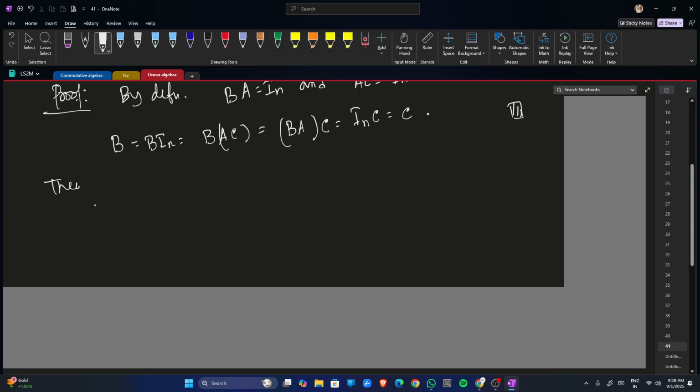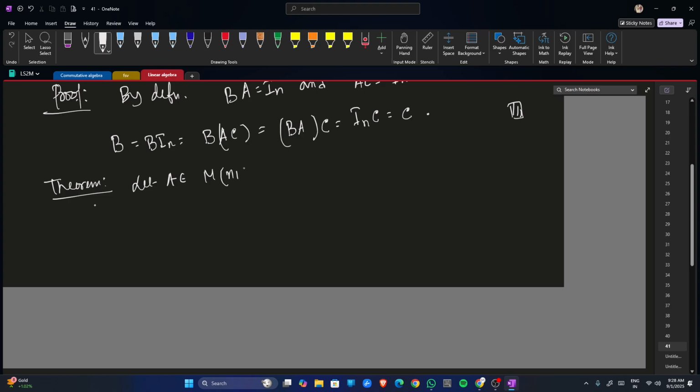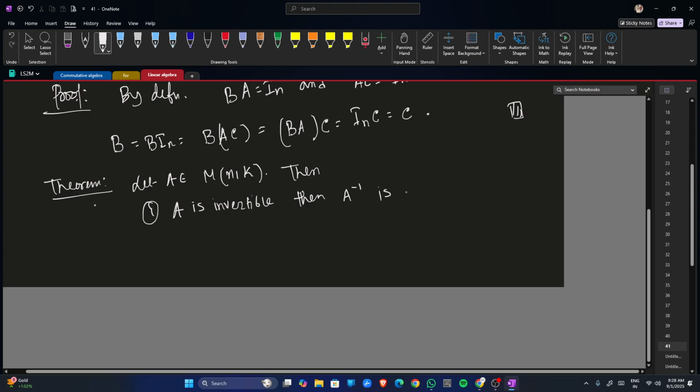Theorem. Let A be invertible, then A inverse is also invertible.